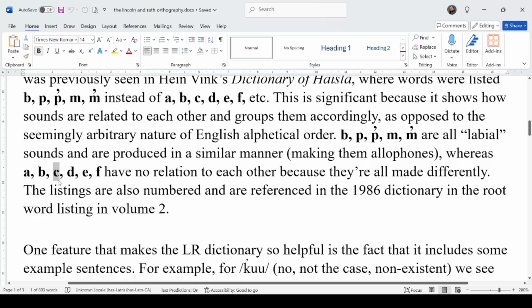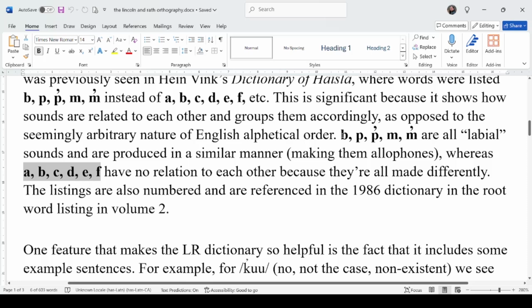It starts off as a glottal stop and finishes as a fricative. D is now an alveolar consonant. E is a vowel. F is also a fricative. So A, B, C, D, E, F, when you list them in this order, there's no relationship between them. They're all made differently. So it's largely arbitrary, the English alphabetical order.